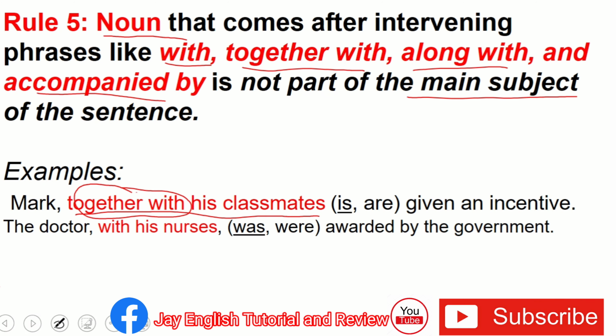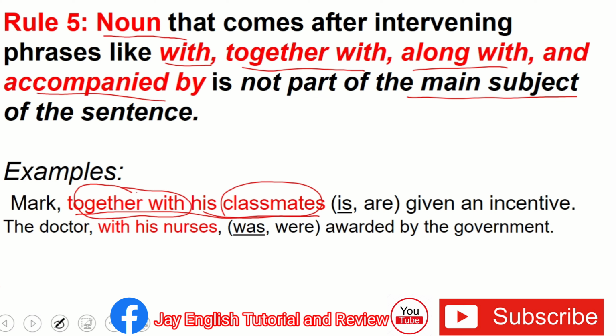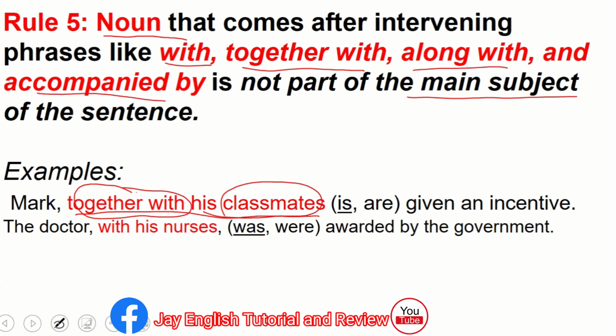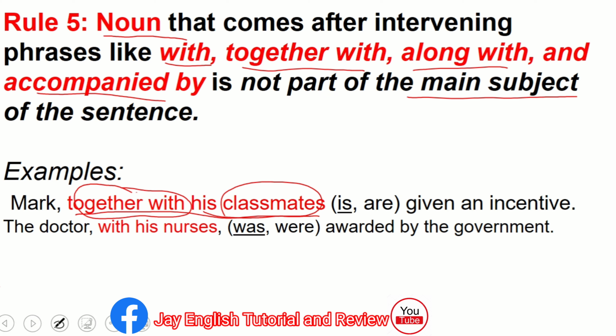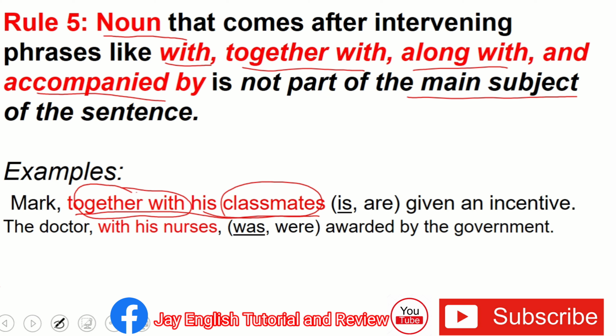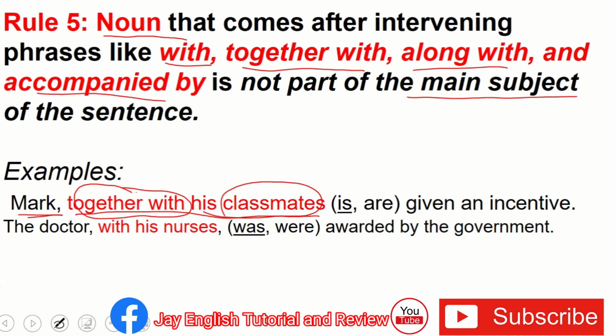And if we go back to the rule, the noun that comes after it, his classmates, is not part of the main subject. Though it sounds plural because of classmates, it is not part of the main subject. Our main subject here is Mark, not classmates. That's why our answer is not "are".